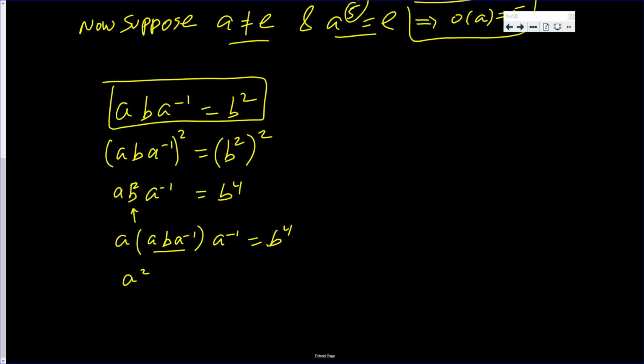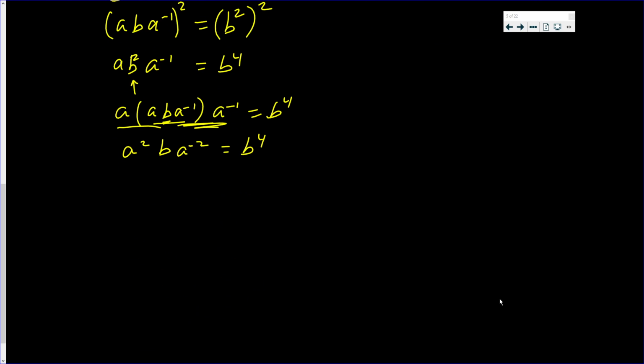Well, a times a is a squared, and a inverse times a inverse is a to the negative 2, so a squared b a to the negative 2 equals b to the 4. If I square both sides again, I get a squared b squared a to the negative 2 is b to the 8.